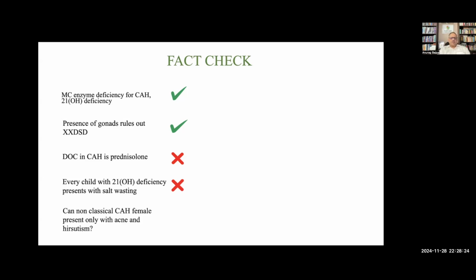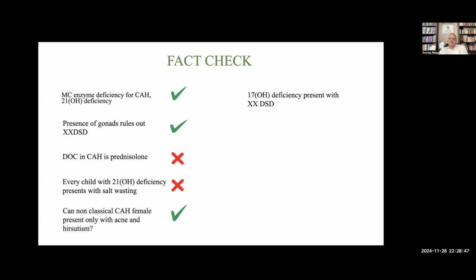Next please. Can non-classical CAH in a female present only with acne and hirsutism? Let's wait for the answer. Non-classical CAH can present with acne and hirsutism. Of course, that is the classical presentation. Dr. Aisha, Dr. Sandeep, Dr. Irshad, everybody thinks this is a right answer.